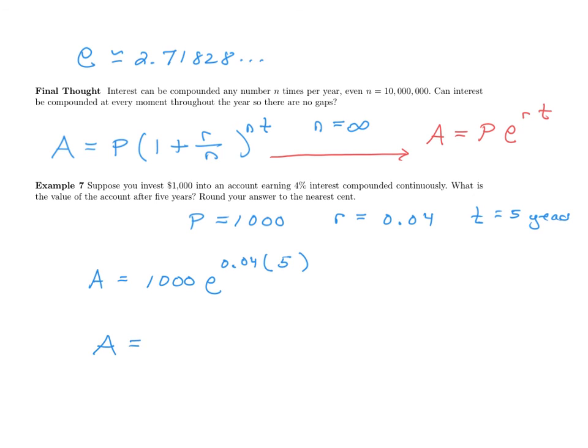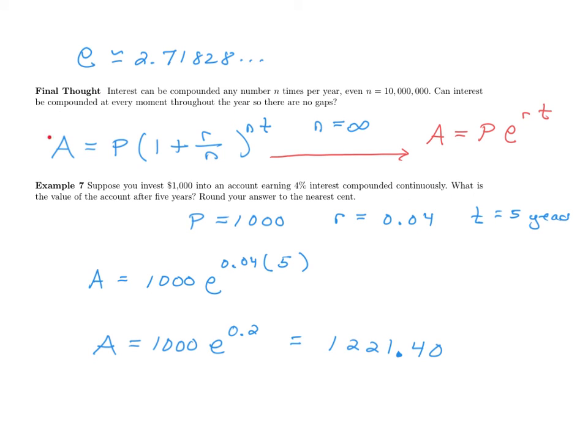If I simplify this, that's 1,000 times e to the 5 times 0.04 is 0.2. In my calculator, I get the following number, $1,221.40.